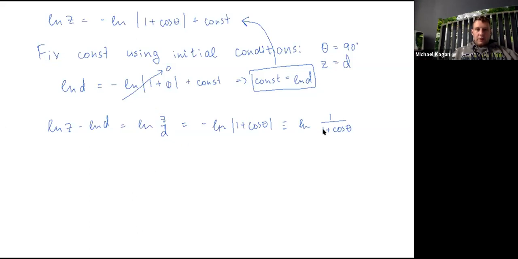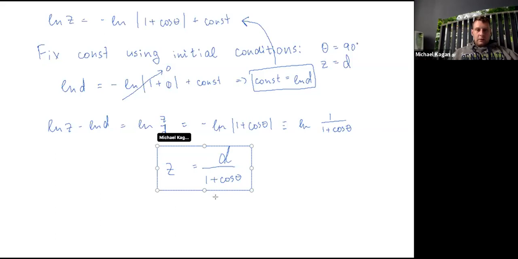So you get z over d equal this, or z equal d over 1 plus cos theta. Folks, what kind of curve is this? You don't recognize it, do you? Let me check the chat. Leon, yes, bingo. This is a parabola in polar coordinates.